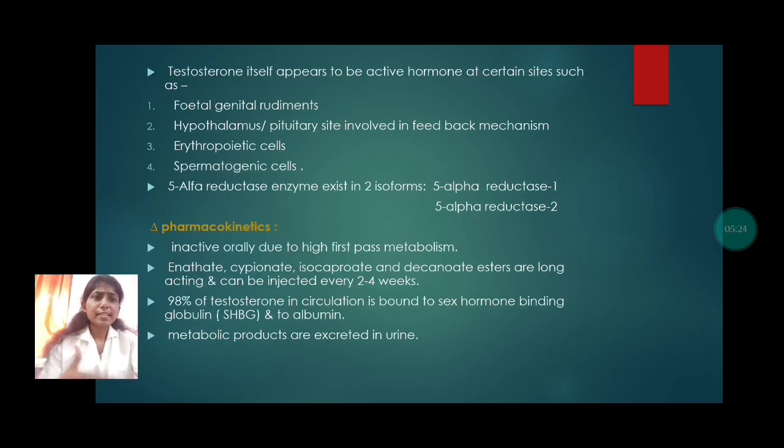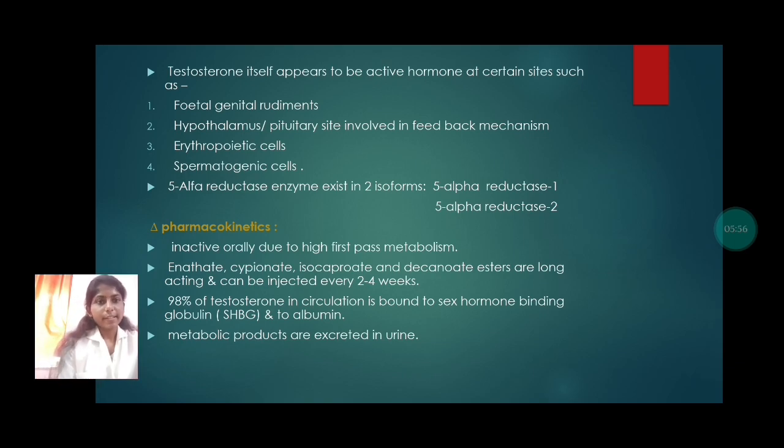Testosterone itself appears to be the active hormone at certain sites such as the fetal genital rudiments, the hypothalamus, pituitary sites involving feedback mechanisms, erythropoietin cells, and spermatogenic cells. 5-alpha reductase enzymes exist in two isoforms, 5-alpha reductase 1 and 5-alpha reductase 2. We have seen that this enzyme is inhibited by drugs also.